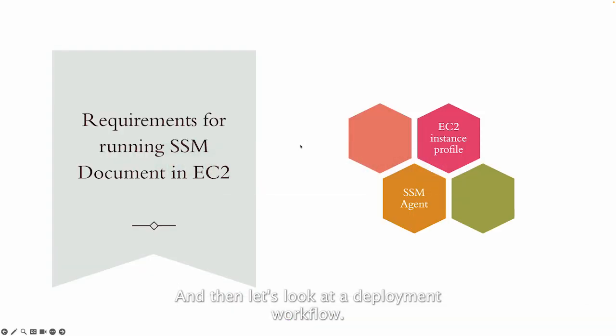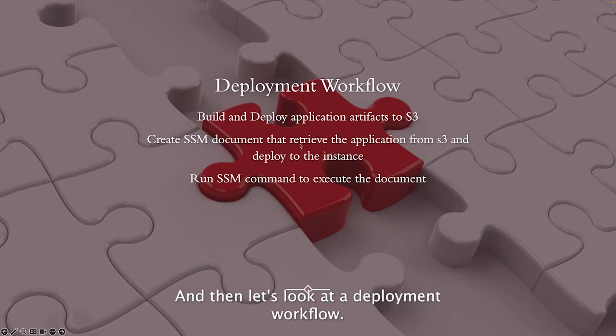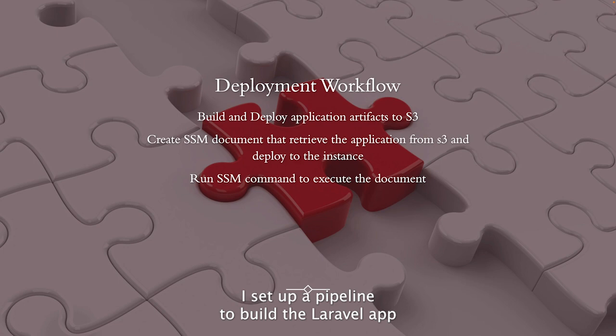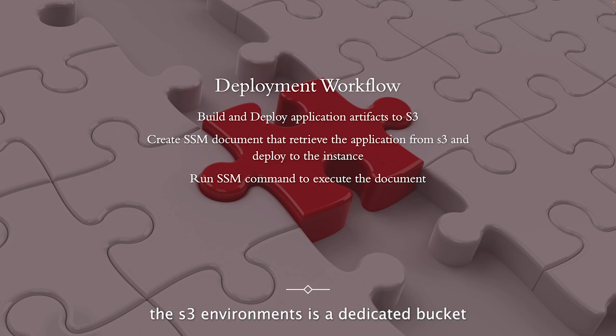And then let's look at a deployment workflow. My deployment workflow is done such that, let's say I'm deploying a Laravel application. What I do is I set up a pipeline to build the Laravel app, zip it and deploy it to a bucket in my S3 environment. The S3 bucket is a dedicated bucket that contains only application artifacts.